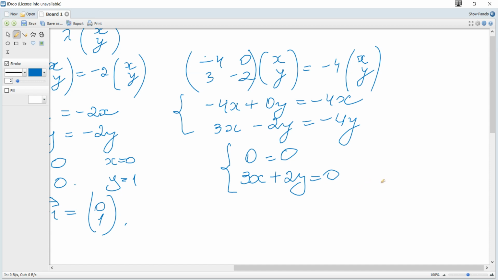We can take x, for example, to be negative 2 and y to be 3. So the second eigenvector becomes negative 2, 3. It may be 2, negative 3, it doesn't matter, it may be negative 4, 6.